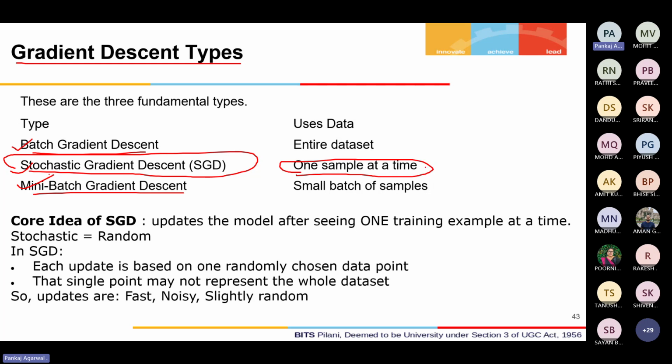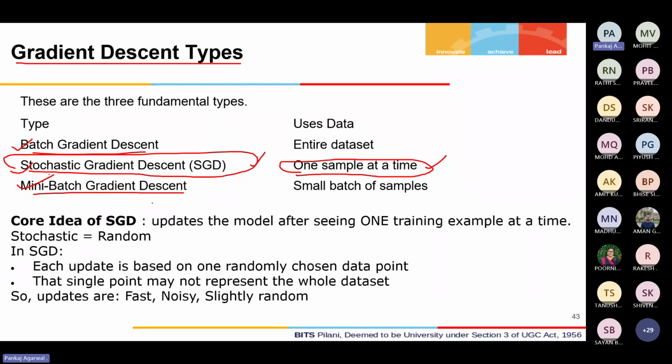So all the examples that I took till now were actually nothing but stochastic gradient descent. Gradient descent means a number of steps in order to minimize the error. So if I follow those steps one sample at a time, then we are following something called stochastic gradient descent.